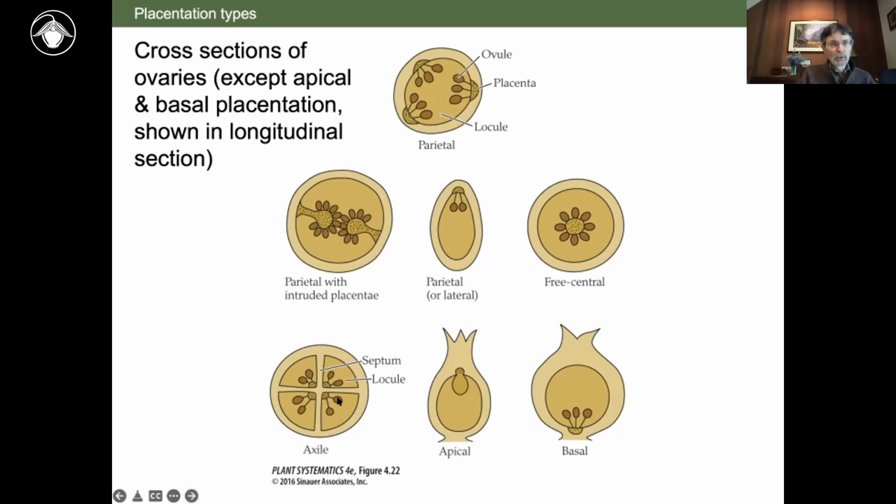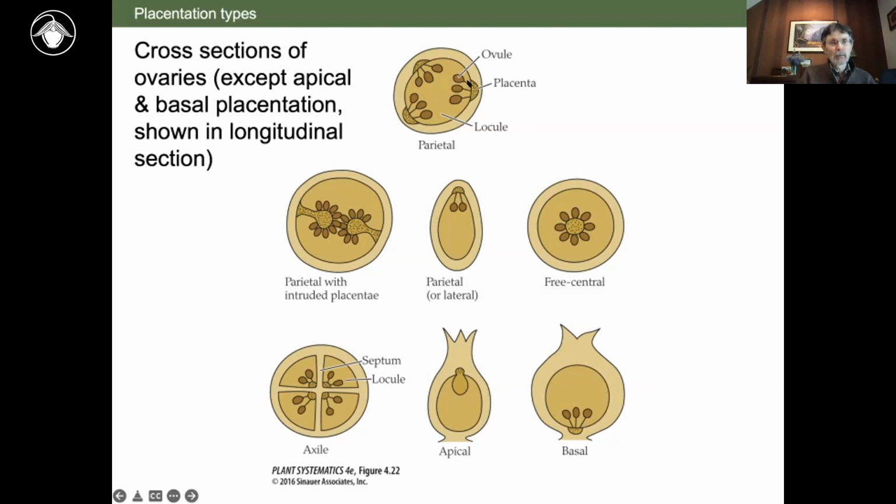But this is what we just looked at, where we have multiple chambers with the placenta, or point of attachment of the ovules, along the axis of the ovary, which is called axial placentation, when there are multiple chambers like this and the ovules are attached along the center. Or we can have parietal placentation, where there are multiple carpels fused together, but there's only one chamber or locule.